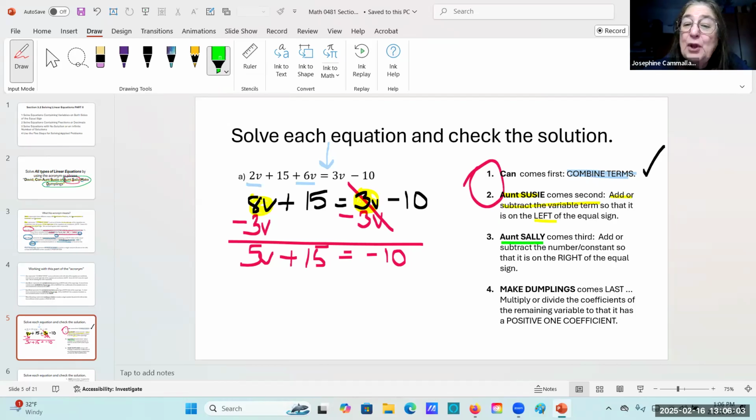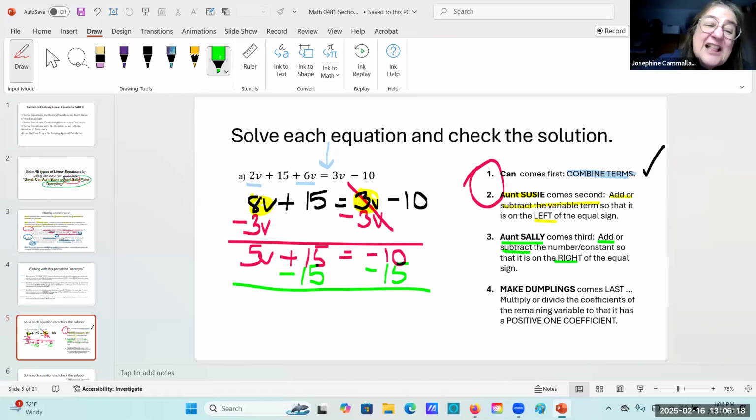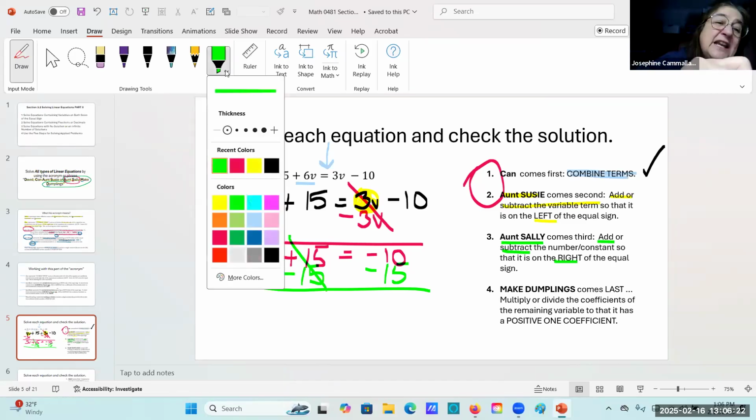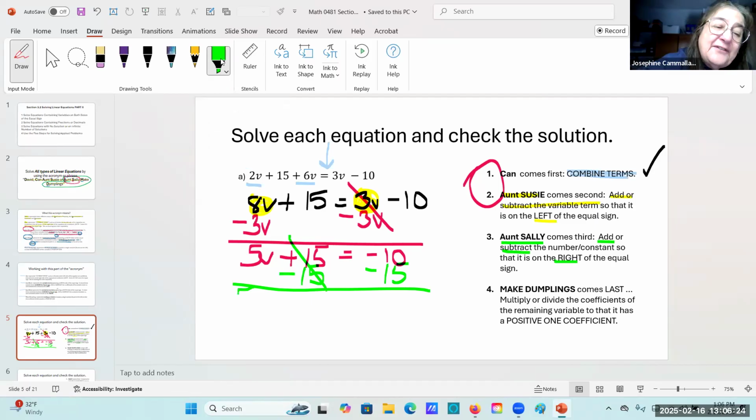Now the fun part. Aunt Sally. We're going to add or subtract the numbers so they're on the right, which means I'm subtracting 15 from both sides. This is going to cancel. This will then give me 5v equals negative 25.